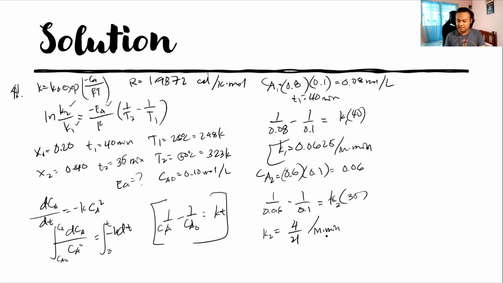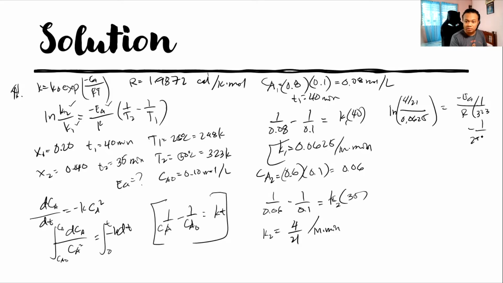The units are different in fraction form, and then we can substitute that here already. So ln, you have 4 over 21 for K2, and then 0.0625 for K1, and then we have negative EA over R times 1 over T2 minus 1 over 298.